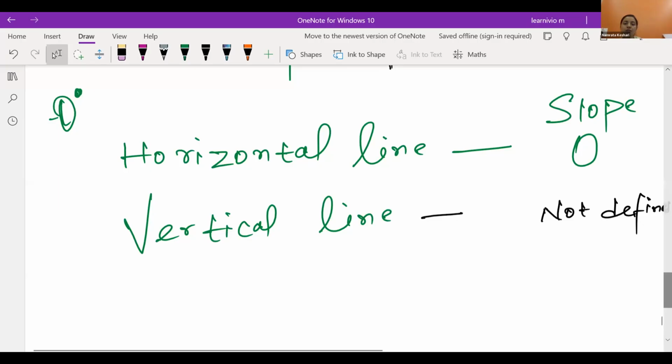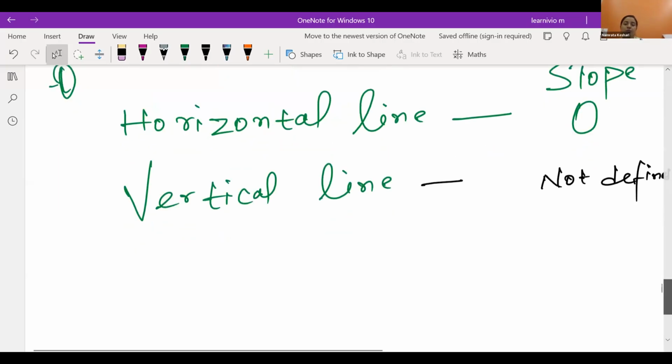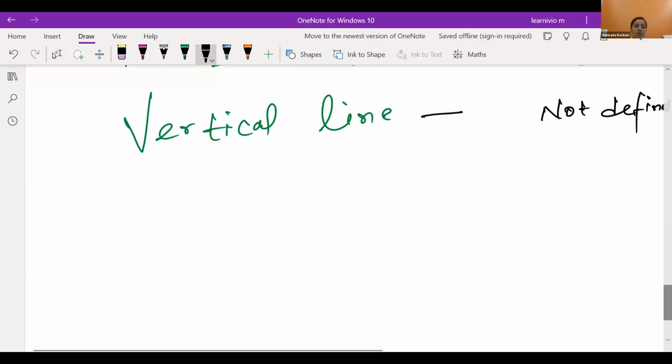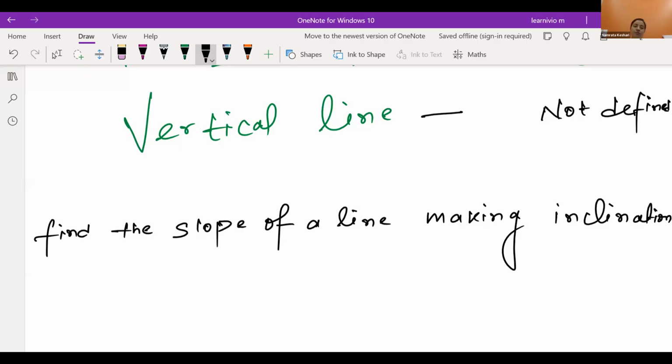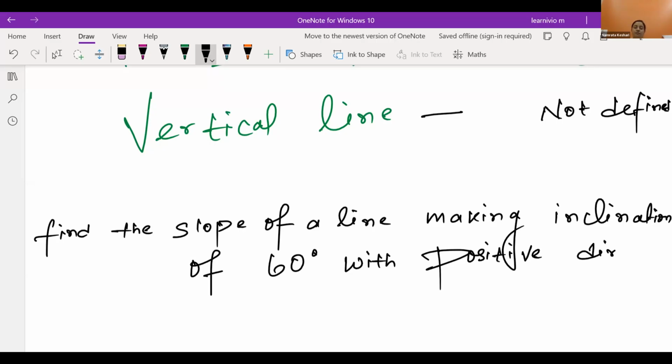Now we'll solve a few questions, then we will discuss the next concept from here. Now the next question is, find the slope of a line making an inclination of 60 degrees with the positive direction of the x-axis.